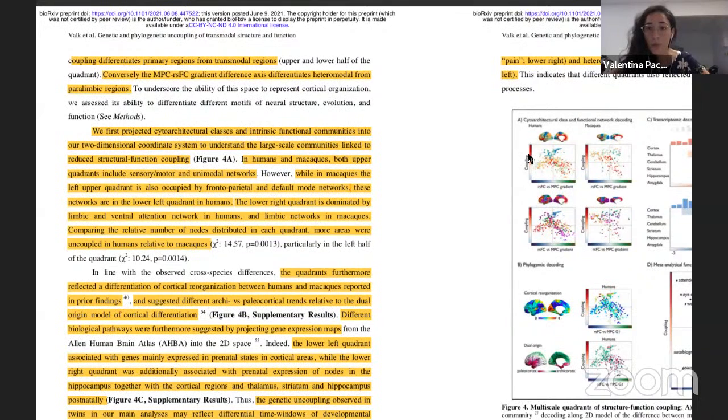On the y-axis we have the coupling, and on the x-axis we have the difference between the resting state and structural gradient.